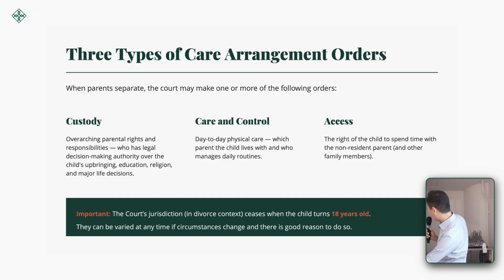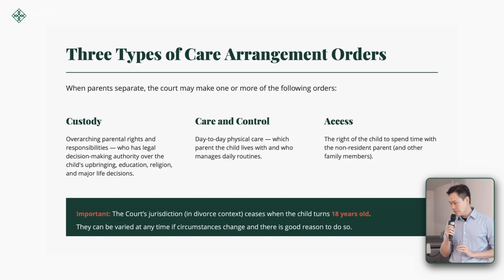There's an important note here, which says that the court's jurisdiction in divorce ceases when a child turns 18. So the question is, what happens if the child is over the age of 18 but has special needs, for example? Unfortunately, family courts don't treat disabilities in such a way. So long as you're 18, the court ceases jurisdiction.